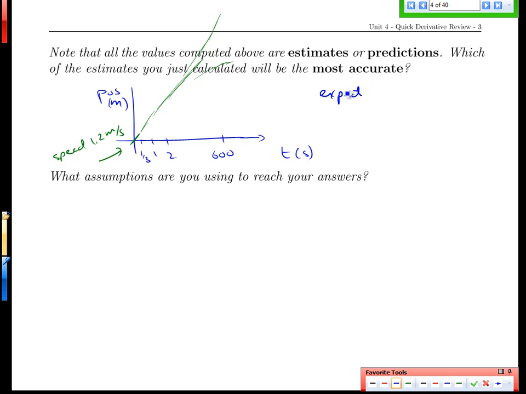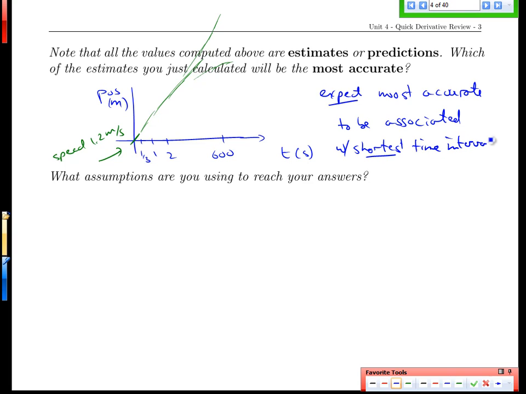Won't be guaranteed, but we expect the most accurate to be associated with the shortest time interval.